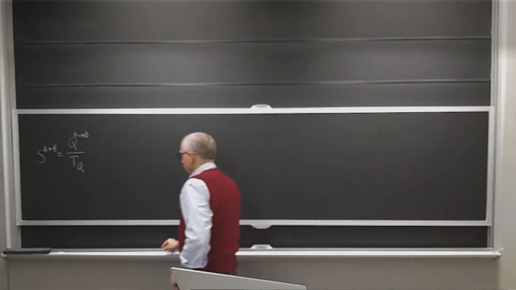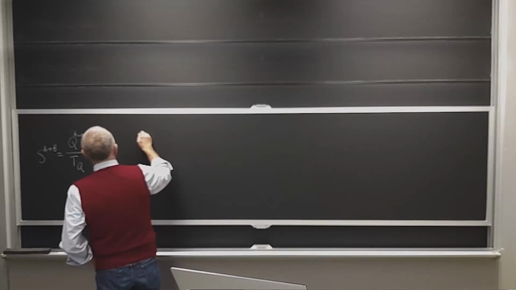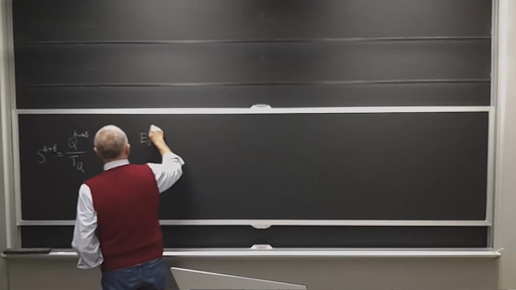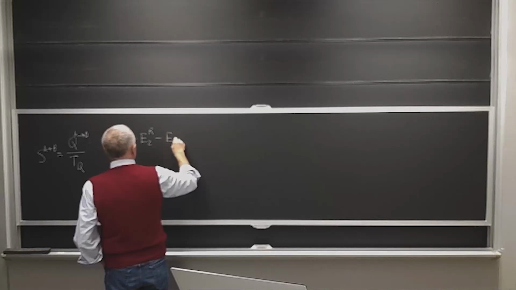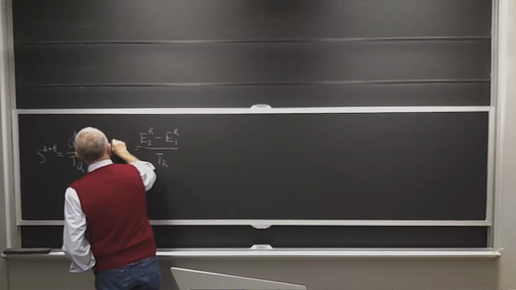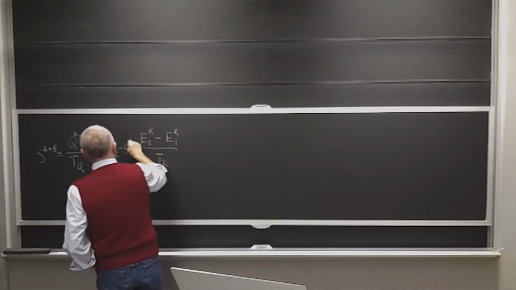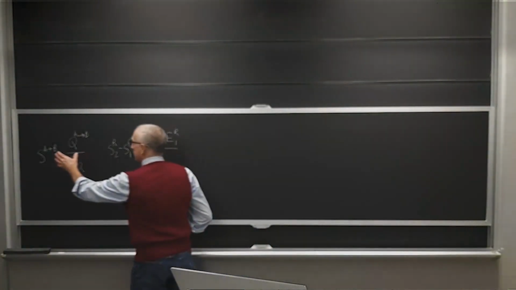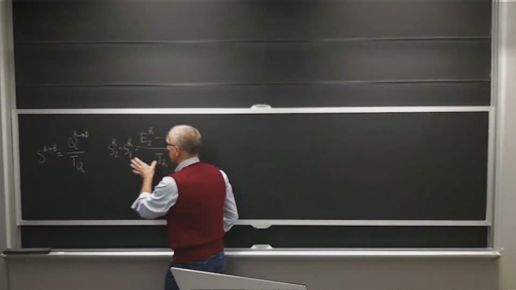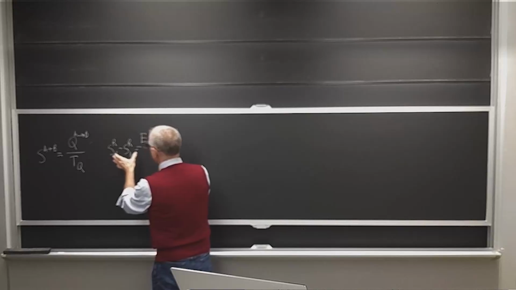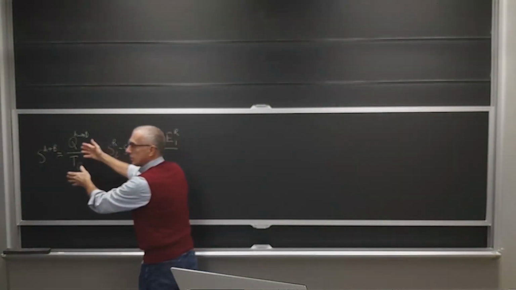Now the reservoir, you can write the fundamental relation for the reservoir this way. So you see why they call it heat bath, because the heat reservoir is ready to provide a heat interaction.